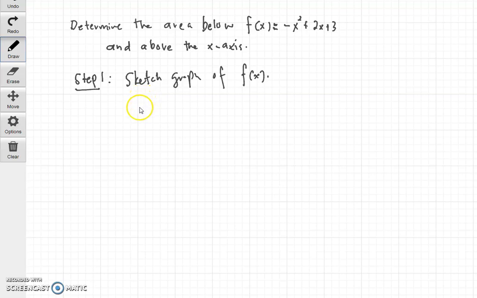Let us try to see it here on how to sketch the graph of negative x squared plus 2x plus 3. In order for you to sketch this graph, we are going to find all intercepts. Find the intercept of x-axis and y-axis.